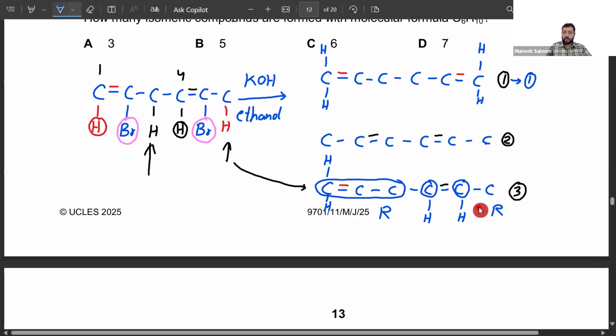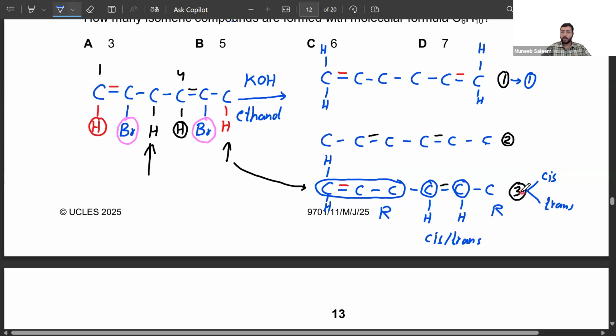In this way, these two carbon atoms can give the cis-trans isomers. So we would say that the third isomer is split into two more, but we will consider only one more isomer, because the third isomer was basically having either the cis configuration or the trans configuration.